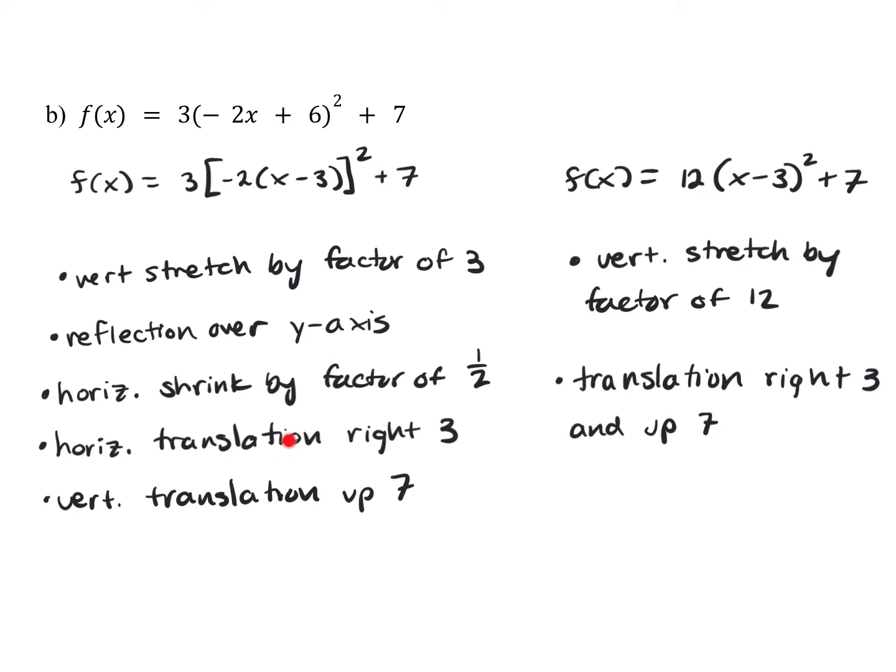So these translations are the same, but in simplifying what's inside our larger brackets, we were able to reduce the number of transformations.